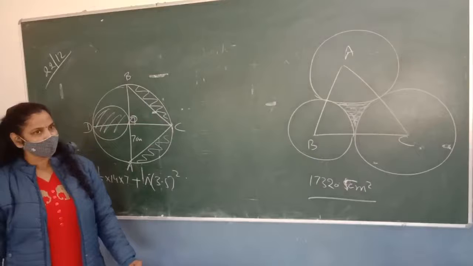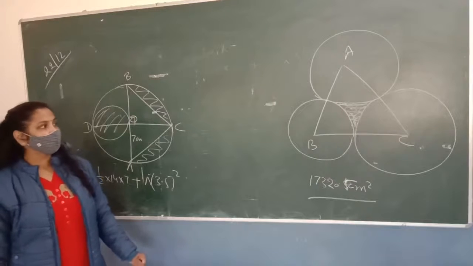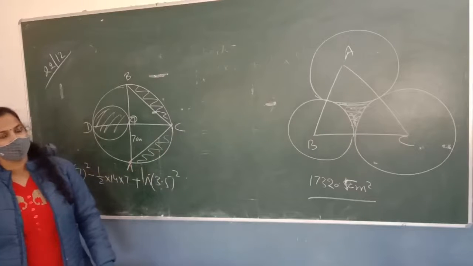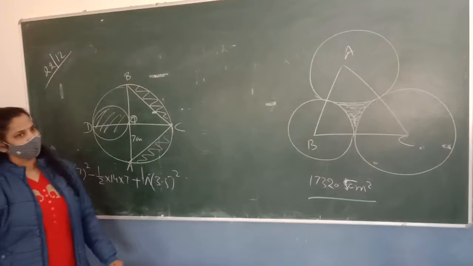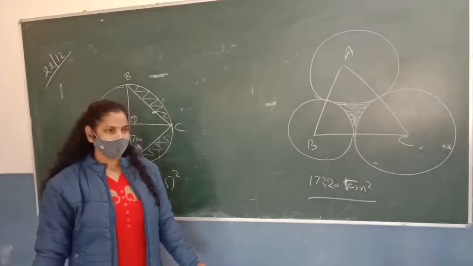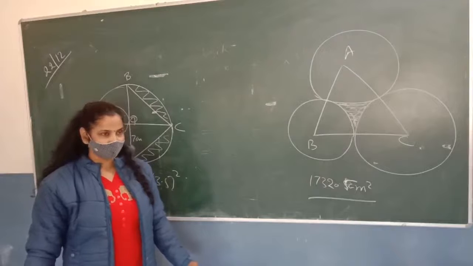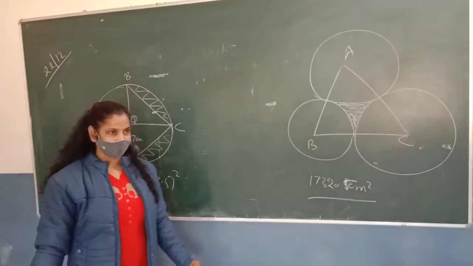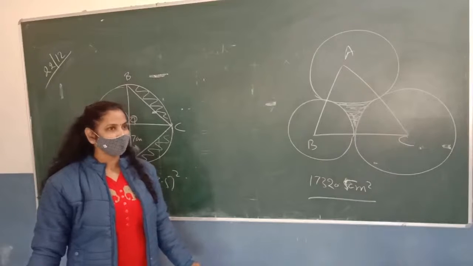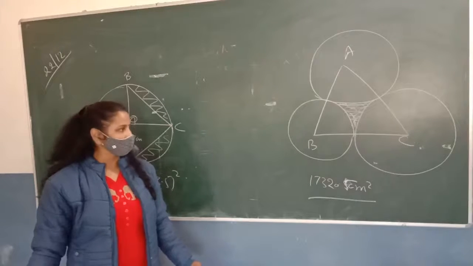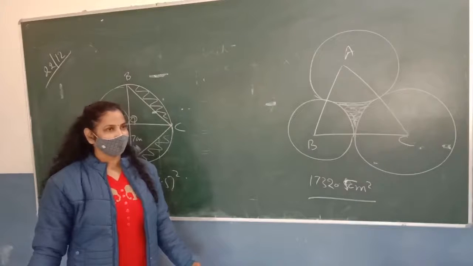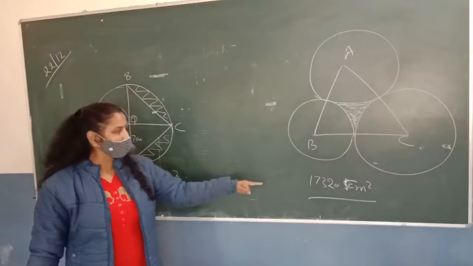Triangle minus 3 circles. But we don't know the sides of the triangle, even the radius of the circle. This is the area of the triangle. And the triangle is equilateral. Just think. What can we do? We need the side of the triangle. This is an equilateral triangle and we know the area of the equilateral triangle.